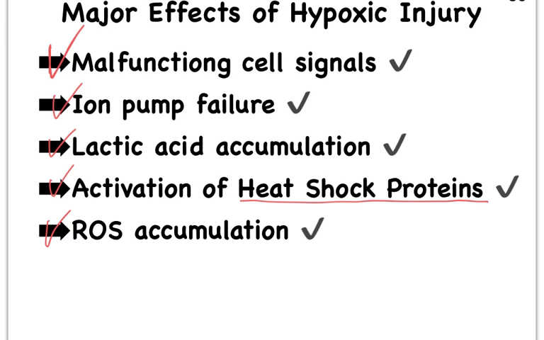And the accumulation of ROS leads to oxidative stress or respiratory burst. And then we also learned that there are other things aside from hypoxia that can cause the accumulation of ROS. And so that's what we focused on in this particular video. So we're now ready to take a look at the second subtopic of cell injury, which is cell adaptations.